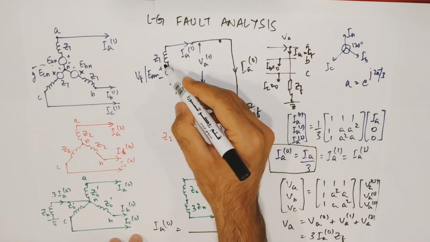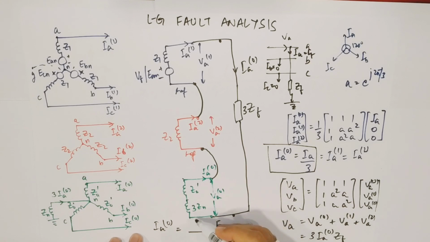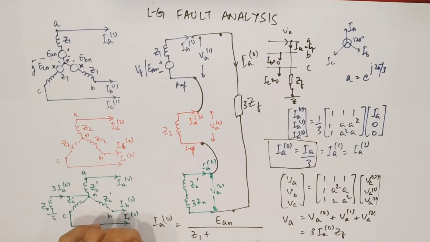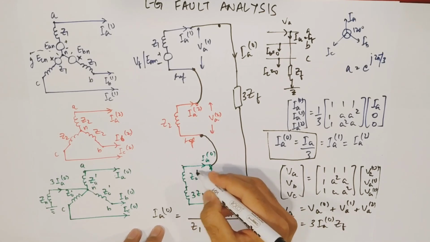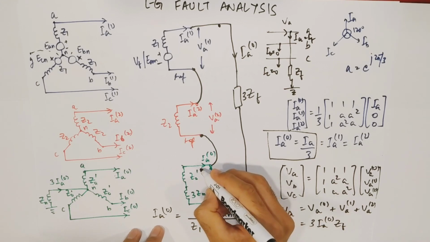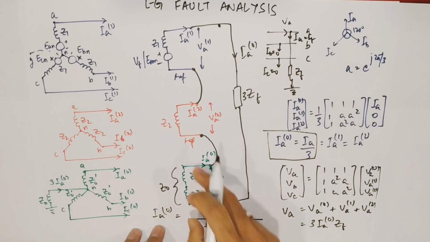Then you have these impedances in series: Z1, 3ZF, then the zero sequence impedance, and this is Z2. So this becomes your Z1 plus Z2 plus Z0. Now, why I wrote Z0 dash here is because if you take the complete impedance, this becomes your zero sequence impedance.